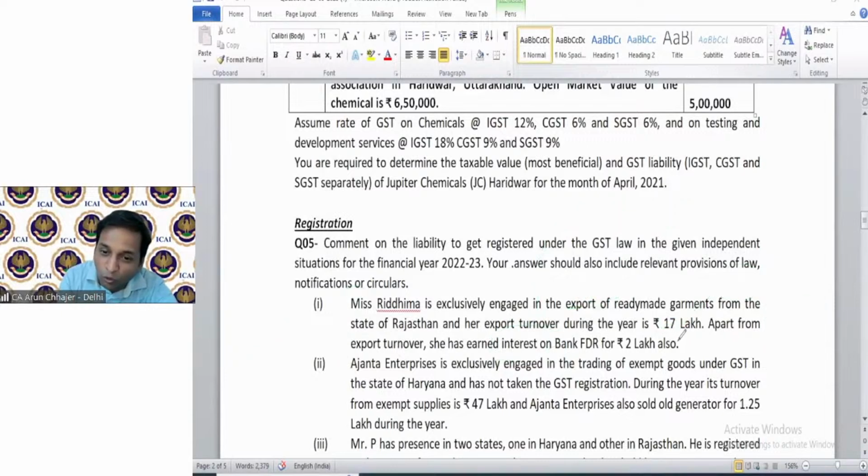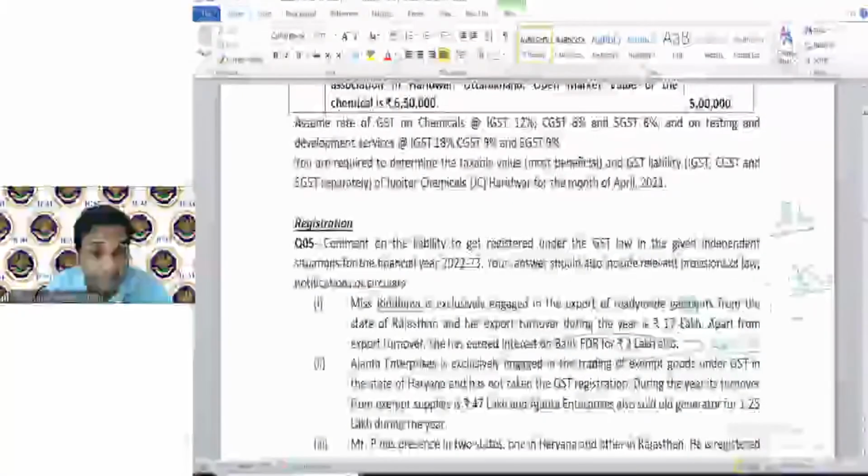Interest is the only item of service, it will not create ineligibility from 40 lakhs. Wait.